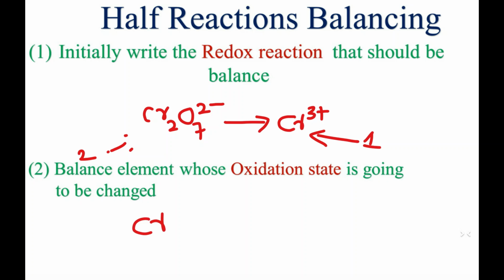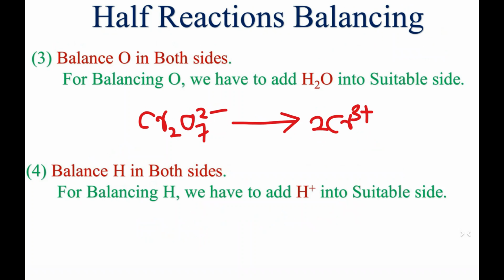To balance chromium I have to add 2 in front of Cr3+. After adding 2 in front of Cr3+, chromium is balanced now, and then we have to consider oxygen.